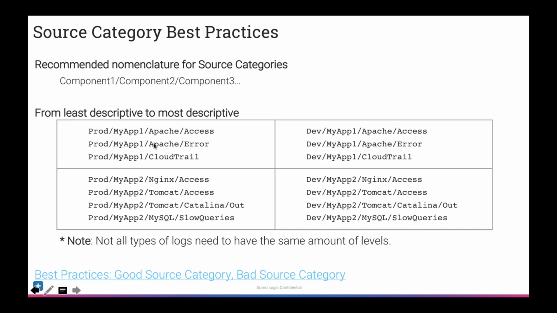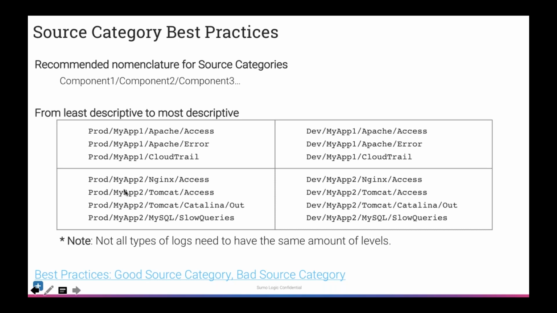So here's some examples of what you could do. You could have prod / my app1 / Apache access, prod my app1 Apache error, prod my app1. Perhaps you could have AWS / CloudTrail as well, if you wanted to just group everything that's CloudTrail.